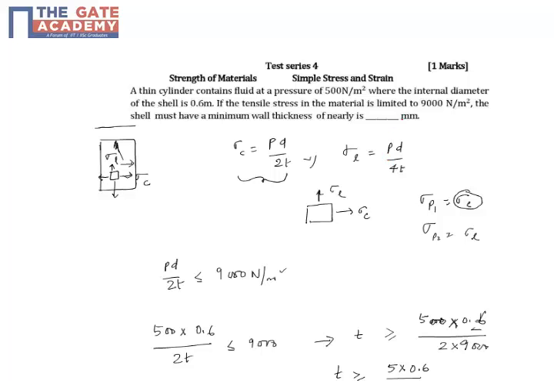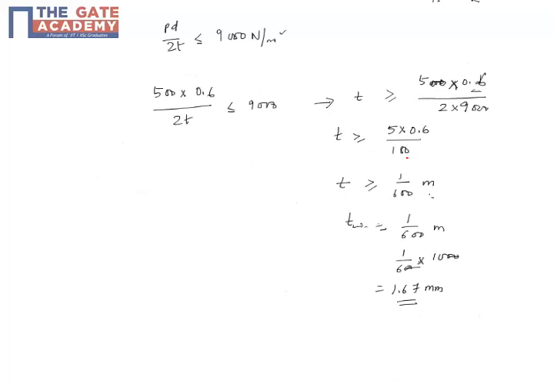Okay, so let's just look at the calculations again. 0.3 and 0.3, so 3 by 1800. This is not 0.3; 5 into 0.6 is 3 by 180, so this is 1 by 60.